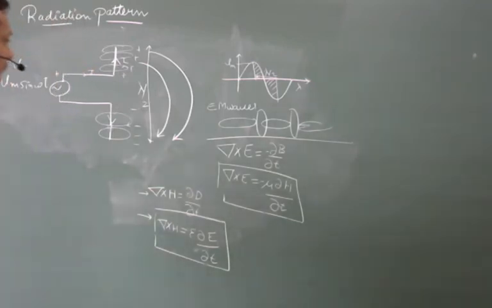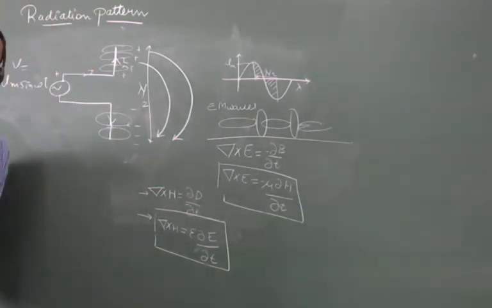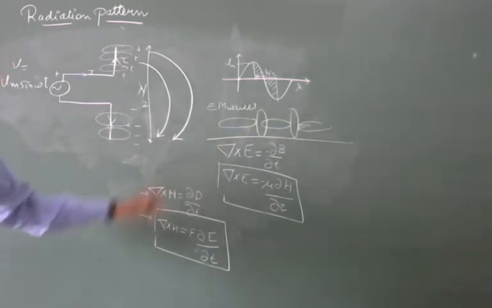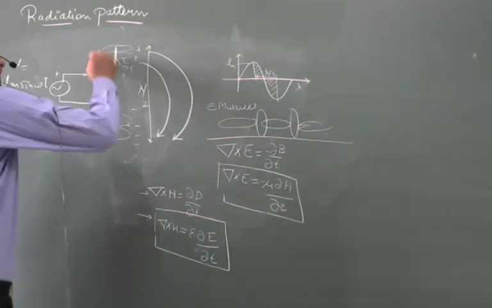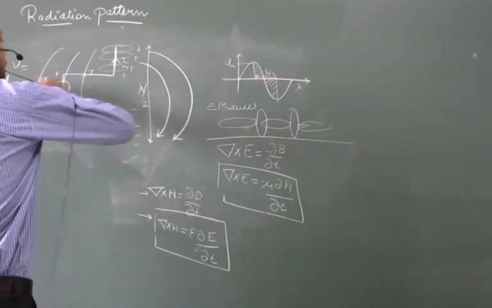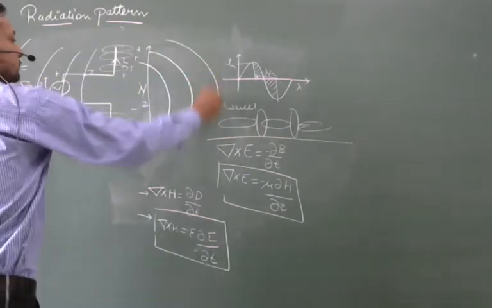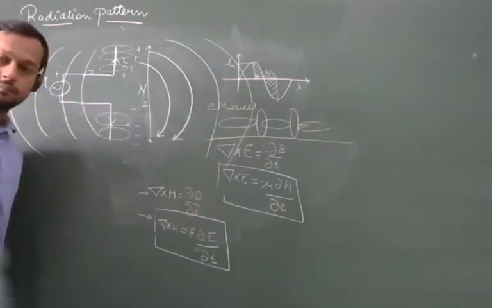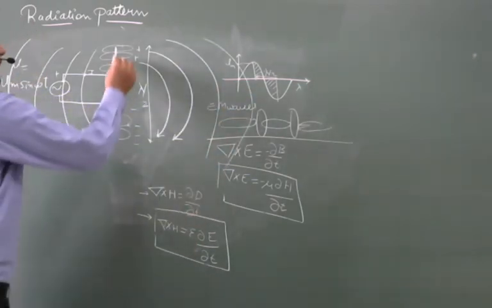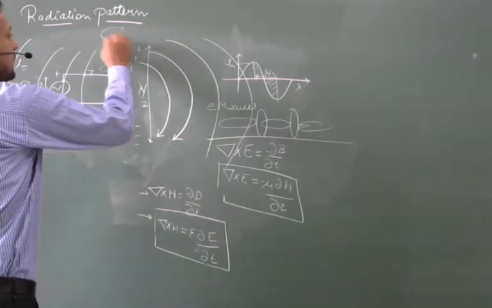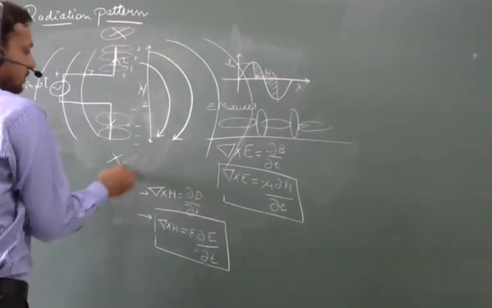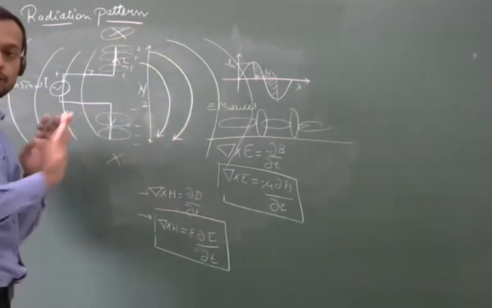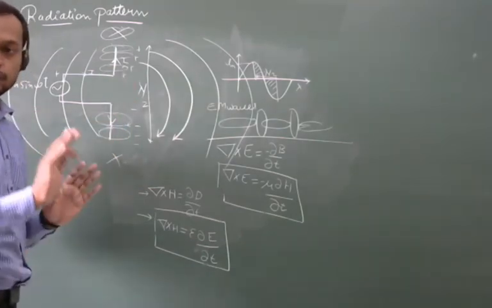So this half wave dipole helps in propagation of the electromagnetic waves. This propagation is not only confined to this direction, but also in this direction, and not in this direction and not in this. It only propagates normal to the wire.